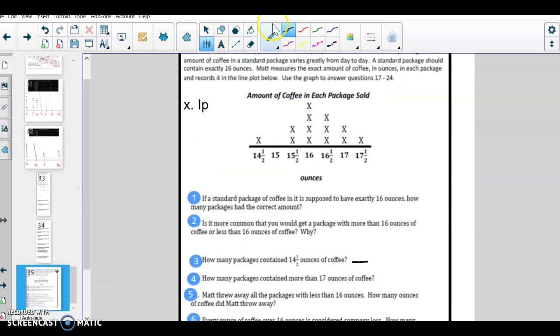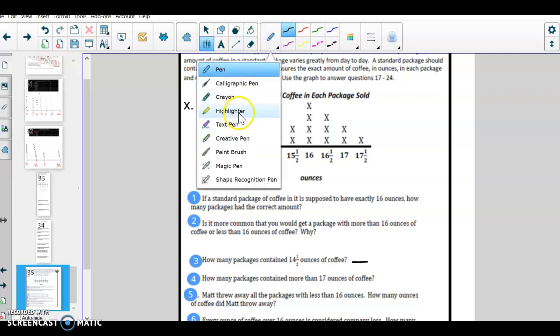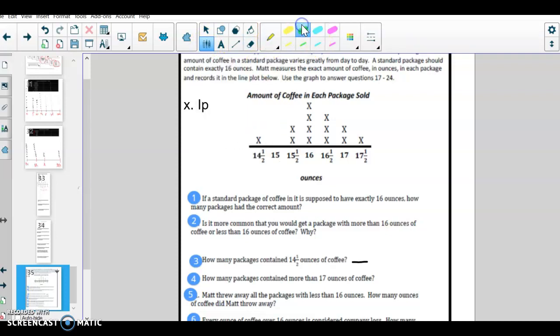Well, I don't know about you, but I heard another key word. I heard more. More than 17. So that means it can't be 17 because 17 equaling 17 is equal. It's not more. So I'm not going to include my 17. I want to know everything that's greater than it.